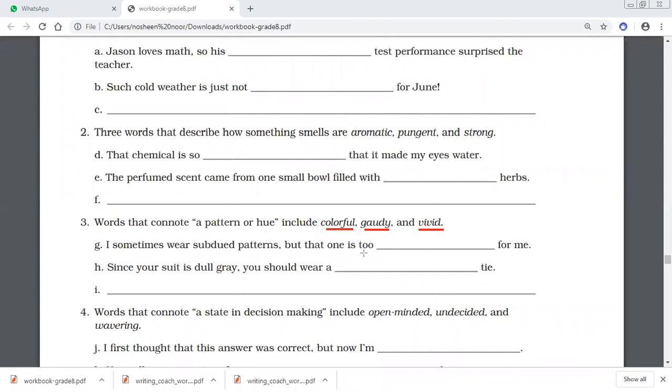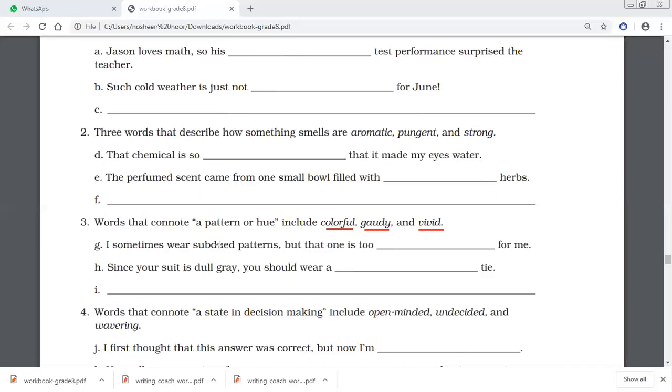So we have to use all these 3 words in different sentences depending on their connotations. Sometimes when you solve the sentences or fill in the blanks, you understand them more in context. When the word is in context, you can understand it more. I sometimes wear subdued patterns. Now, subdued patterns are lightly colored clothes, very decent, very sober, not very colorful, not intense.